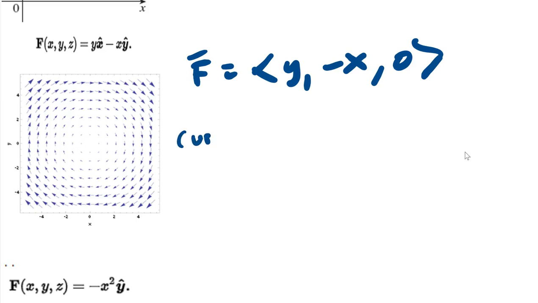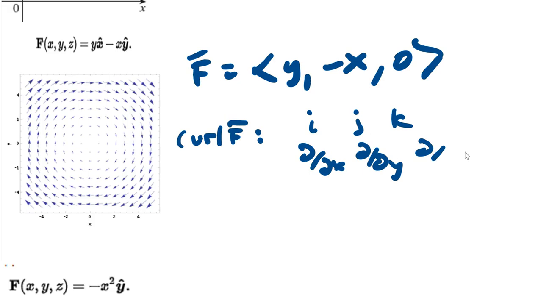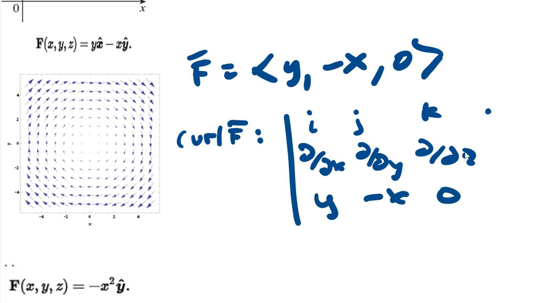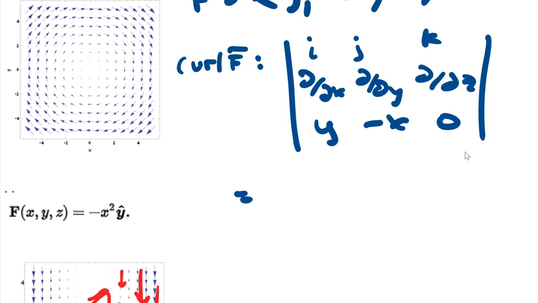So if we do the curl of f, we do this i, j, k business again: partial with respect to x, partial with respect to y, partial with respect to z, and then we put the vector right below it: y, negative x, 0. When we do the curl, we get 0, then 0, and then negative 1 minus 1, which is negative 2. So 0, 0, negative 2.